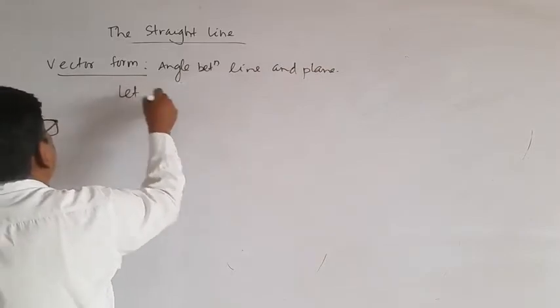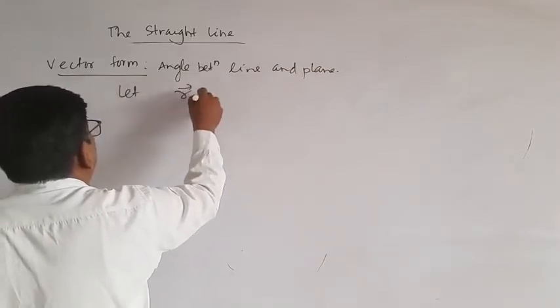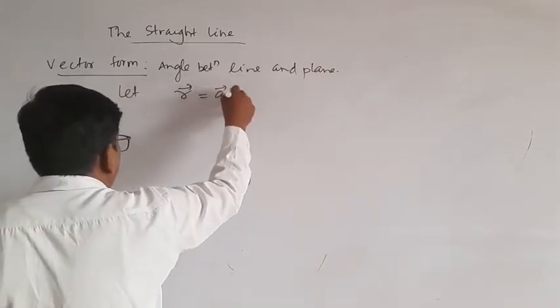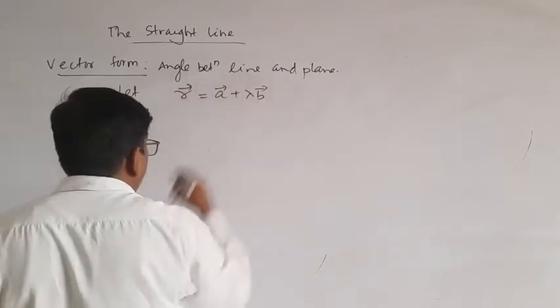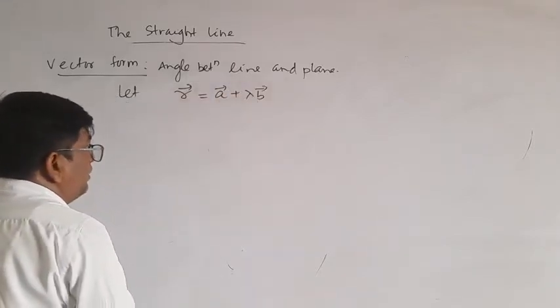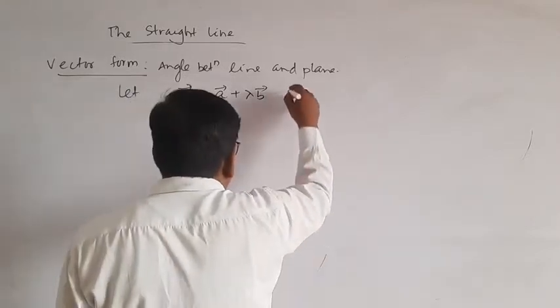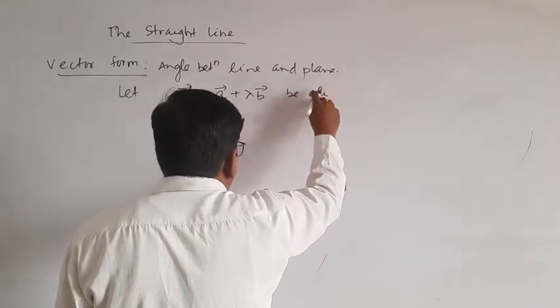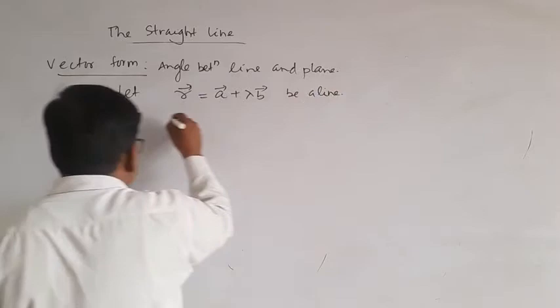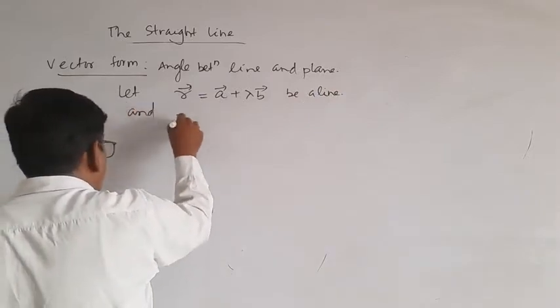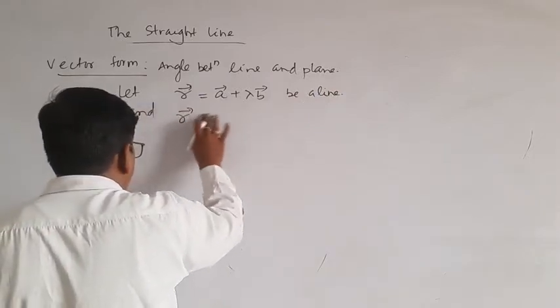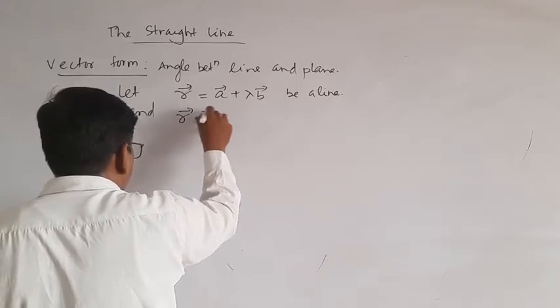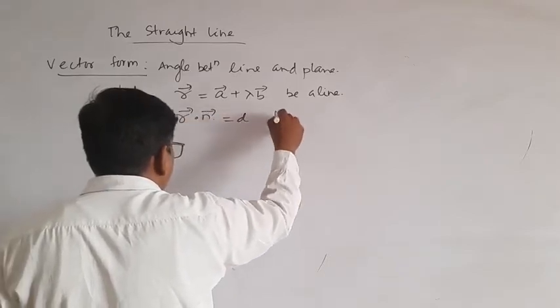Let r vector is equal to a vector plus lambda into b vector be a line, and r vector dot n vector is equal to d be a plane.